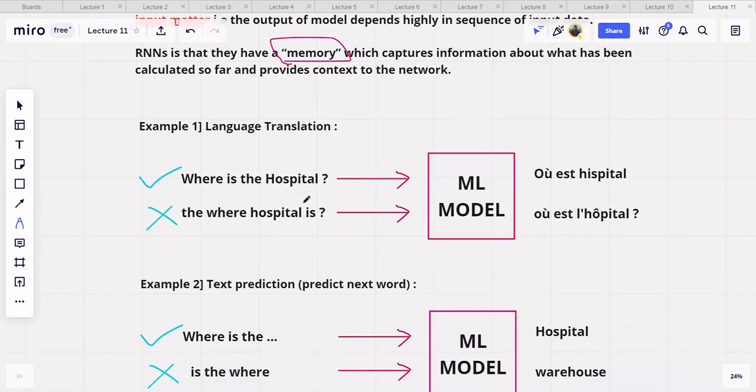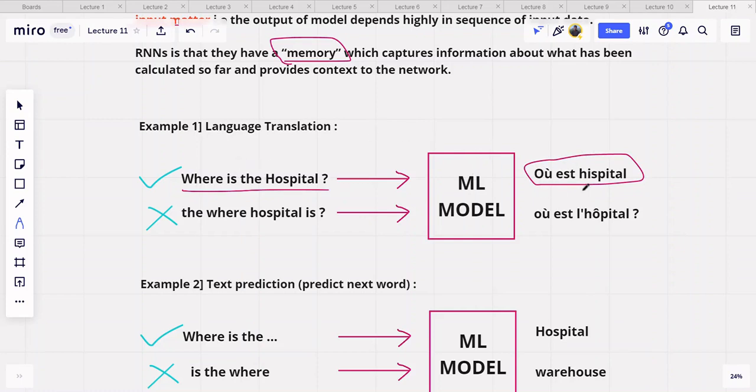So let's say we want to convert English to French. If I give the sentence "where is hospital" to the model, then the model will provide a certain output.